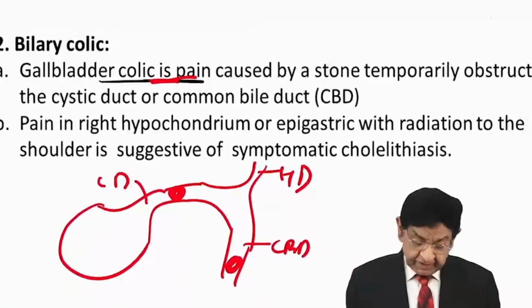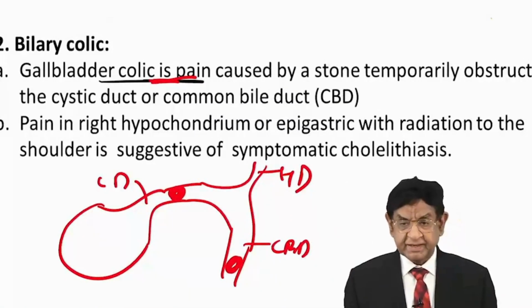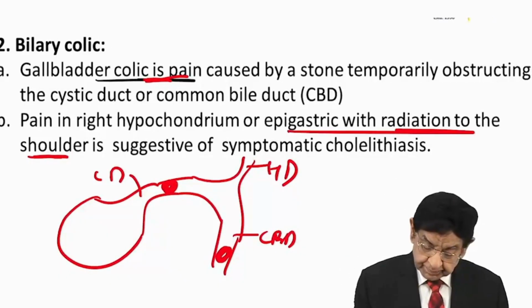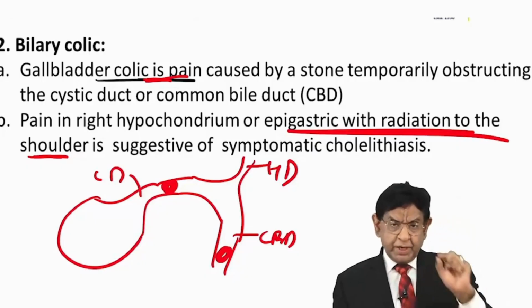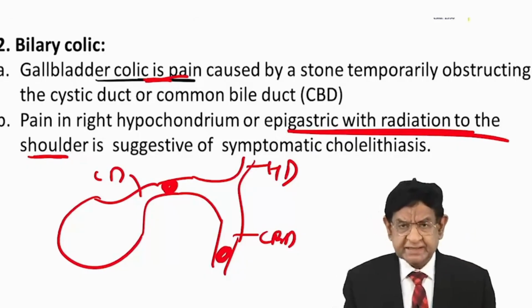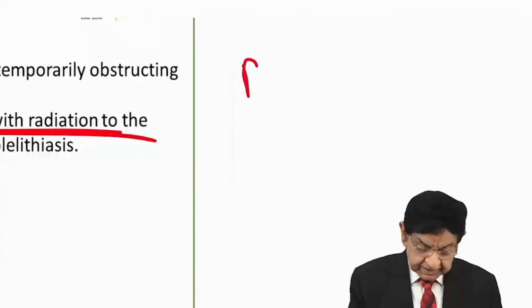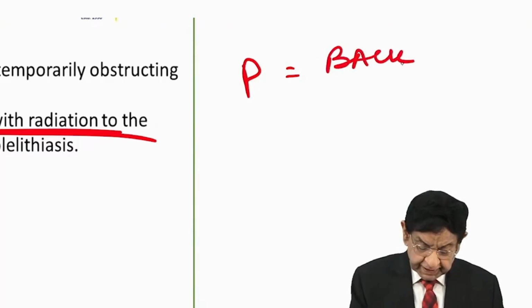And one of the classical things is the pain radiates to the shoulder. Point to be noted, in pancreatitis, the pain radiated to the back. But in gallbladder, pain is referred to the shoulder.